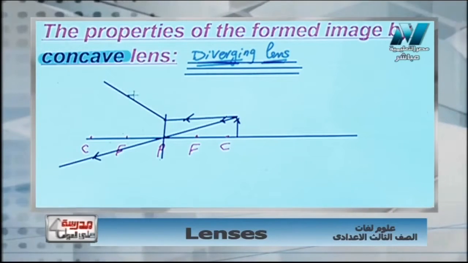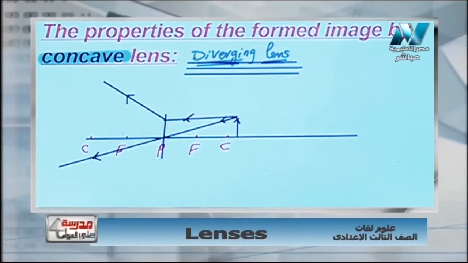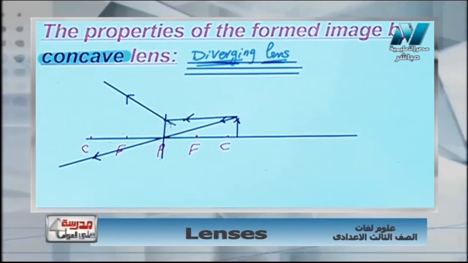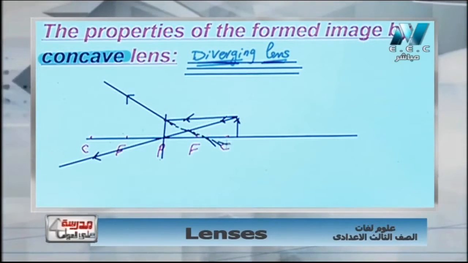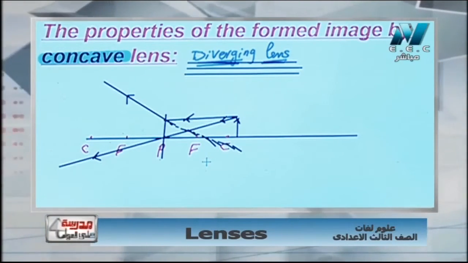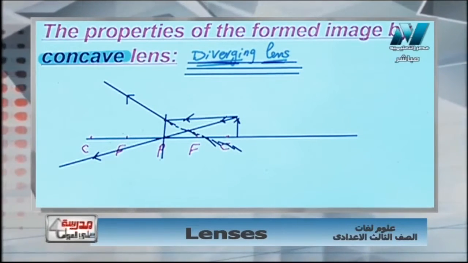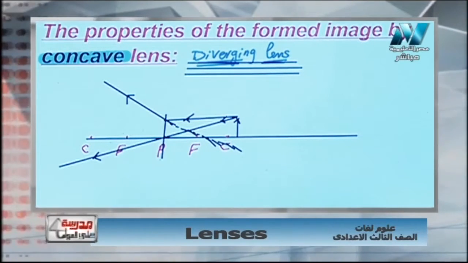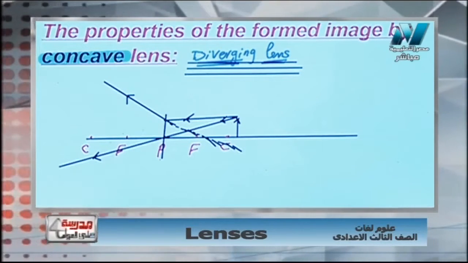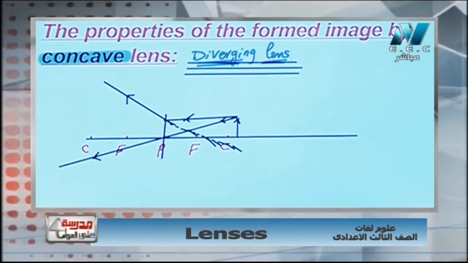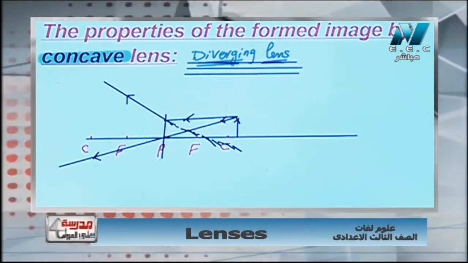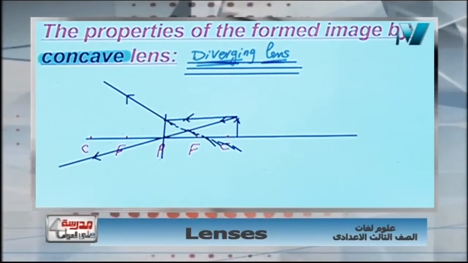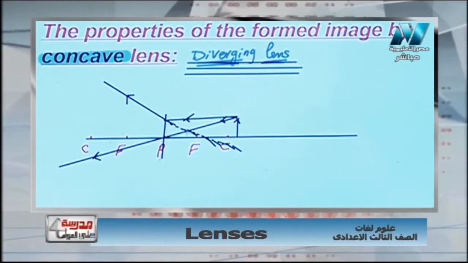But by ruler, we will draw the extension toward the focus here. So at the point of intersection of the refracted ray and the extension of the other refracted ray, here we have the image. So the image is in which place? Here.